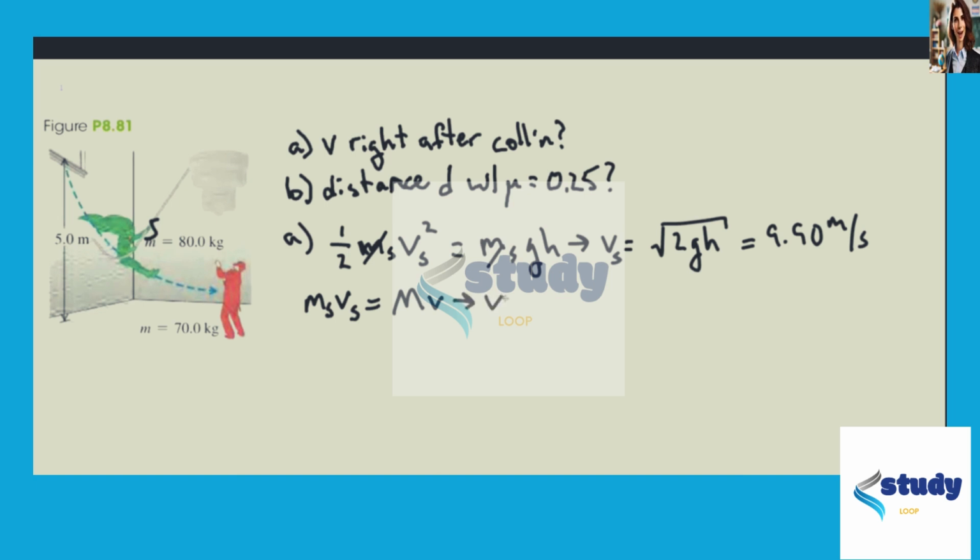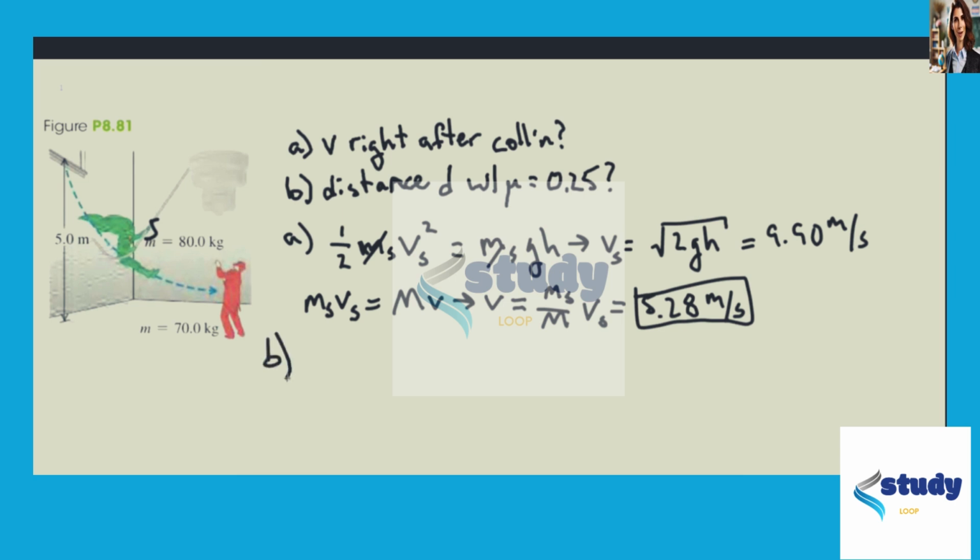So the speed at which they start moving together is going to be the ratio of these masses times the speed the stuntman is going before the collision. And this will be 5.28 meters per second. This one we do want to box.